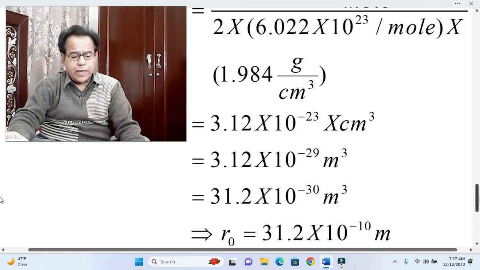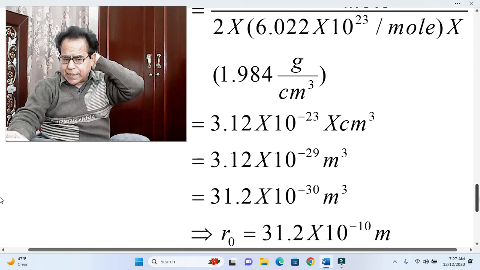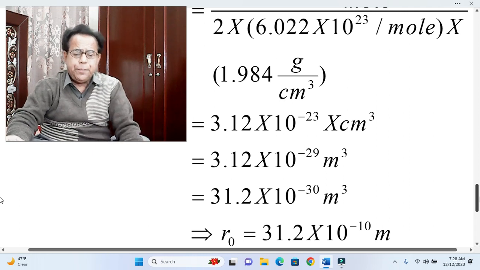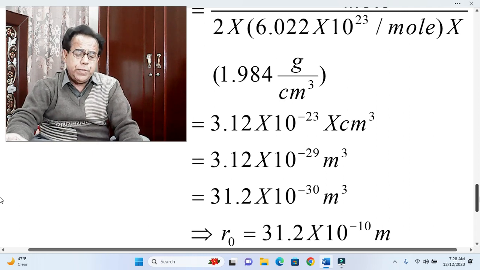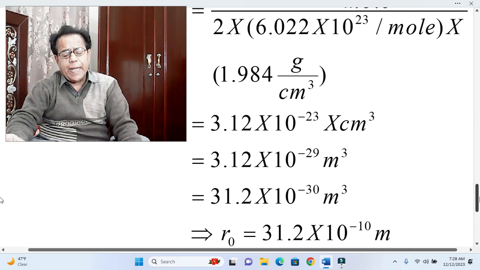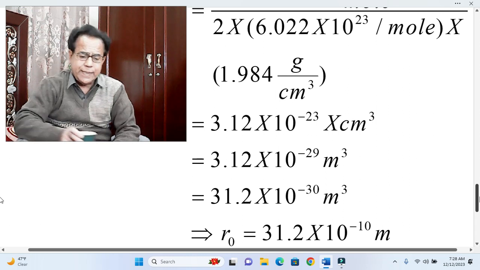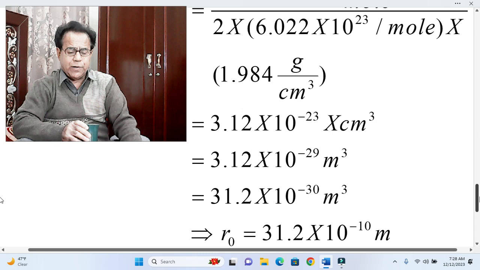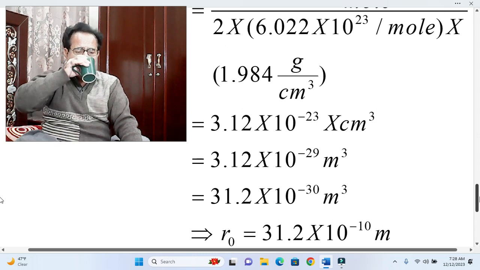So it will become 1/1000 into 1000. In other words, 10 raised to the power 6 will be in the denominator, and when shifted to the numerator, it will become 10 raised to the power minus 6, and hence 10 raised to the power minus 6 and 10 raised to the power minus 23 will become 10 raised to the power minus 29.